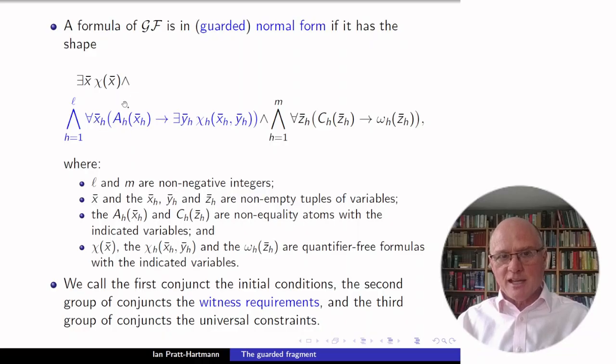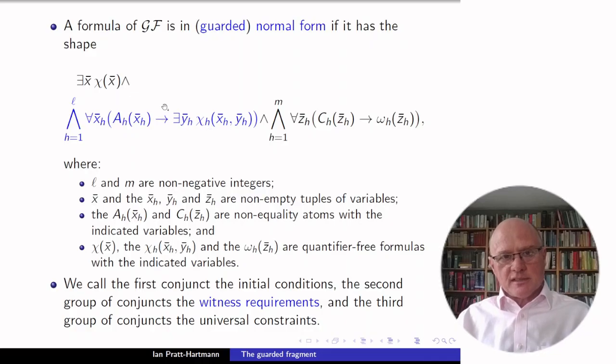Of course, it has to be guarded, so there's some atom with a tuple of variables applied to it, and that tuple of variables has to contain all of the variables that occur free in the resulting consequent. What is the consequent? Well, the consequent is existentially quantified. Again, we've got a tuple of variables, call that yh, and these variables will be applied to some formula chi h, and chi h I'll take to be quantifier free.